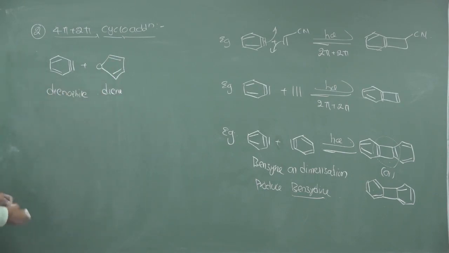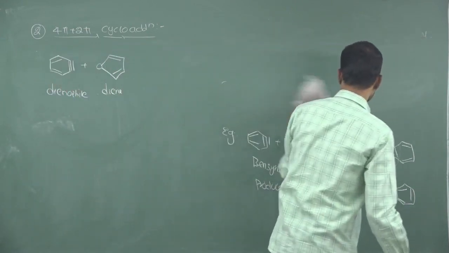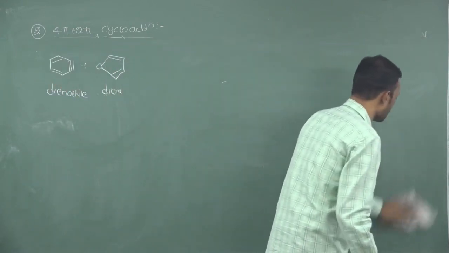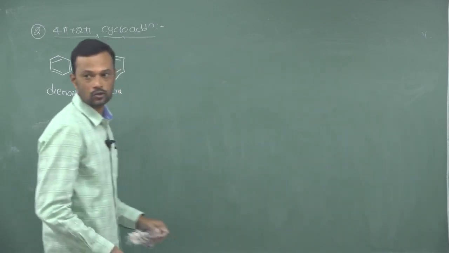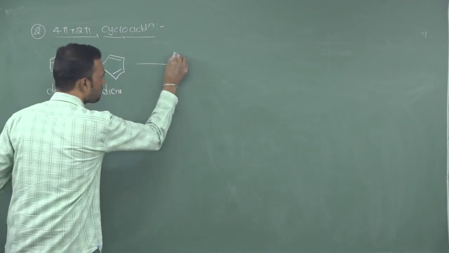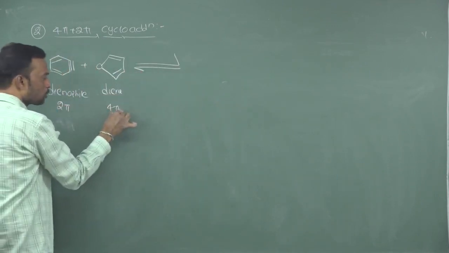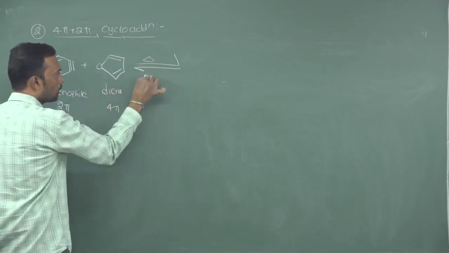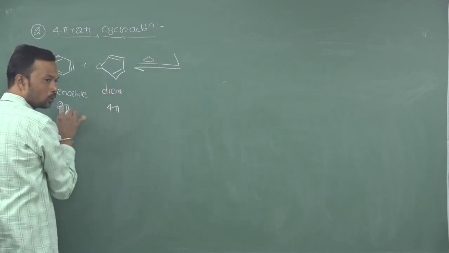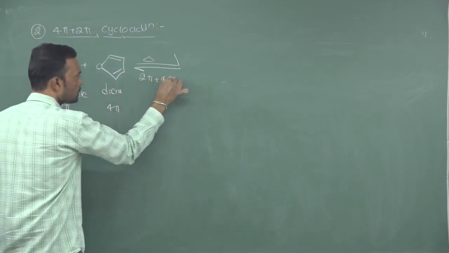Diene and dienophile. In the Diels-Alder reaction, does benzene act as a diene or a dienophile? Dienophile. It does not act as a diene. It is the 2 pi partner. Diene means how many electrons should participate? 4. So it is the 4 pi partner. Thermally, what are we doing now? 4 pi, 2 pi. First partner, what am I using now? 2 pi. Second partner is 4 pi.